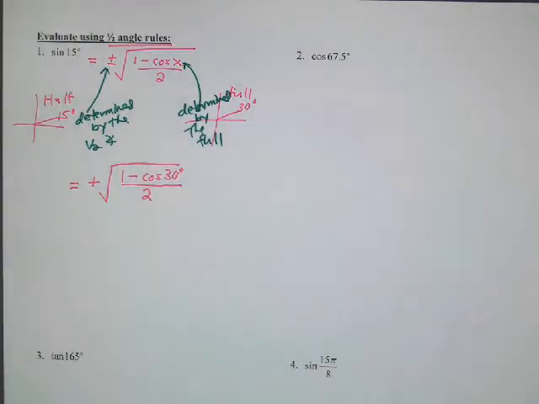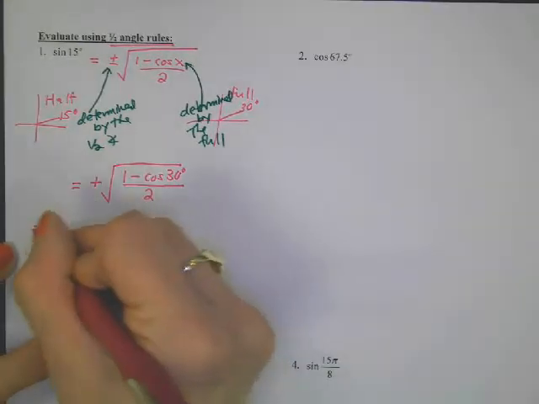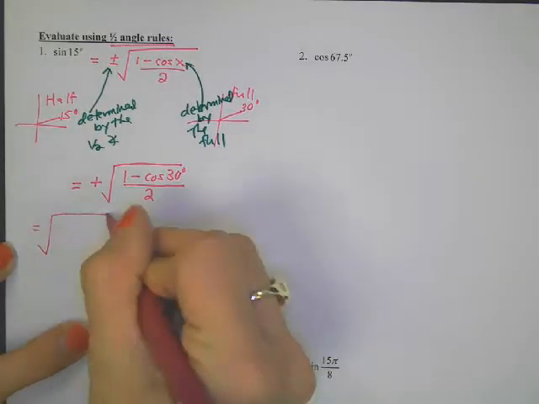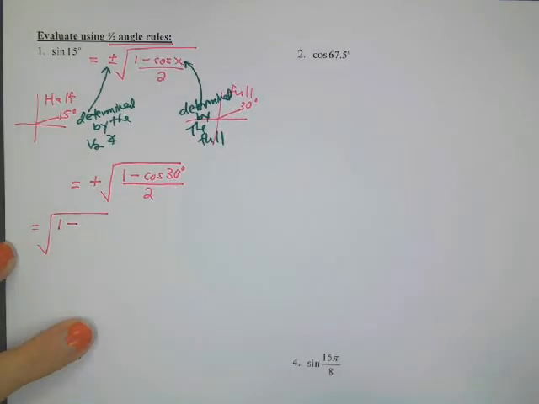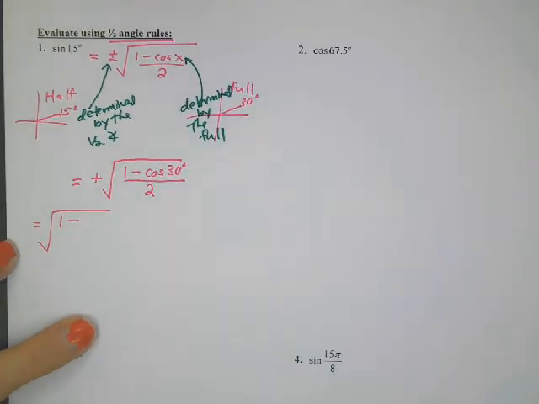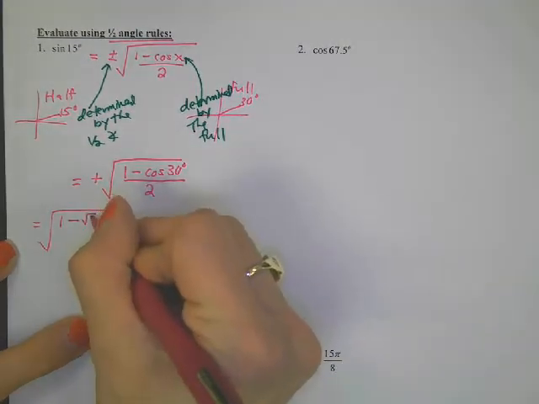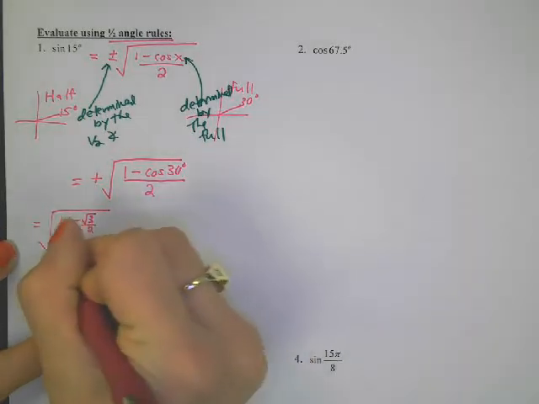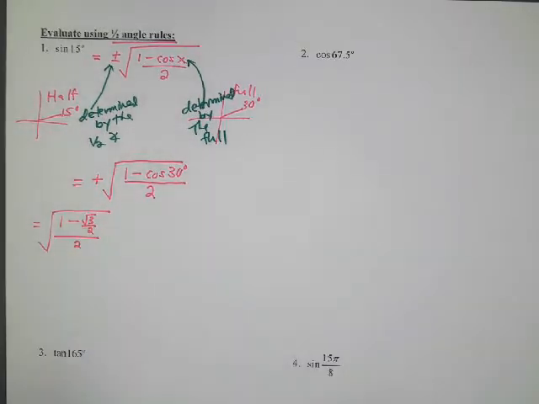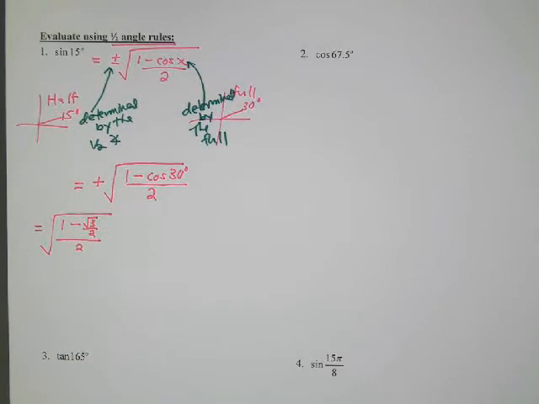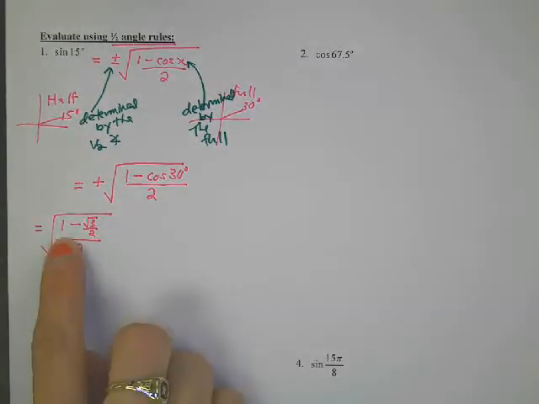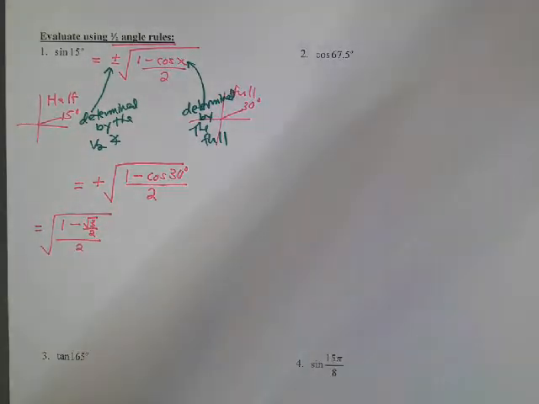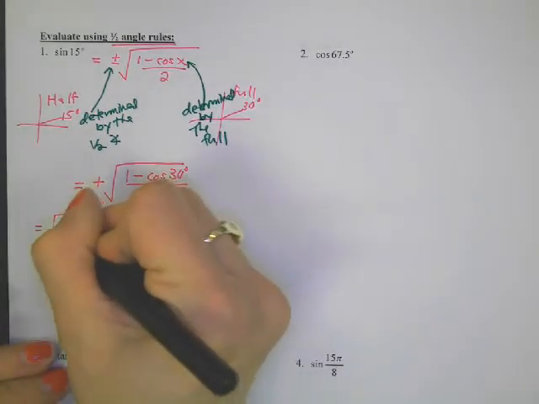Big radical, people. I want to see a nice big radical sign. Okay, so now we have positive square root 1 minus cosine of 30 degrees is radical 3 over 2, but now it's all over 2. Okay, there we go. Let's write the 1 a different way. Let's write 1 as 2 over 2.